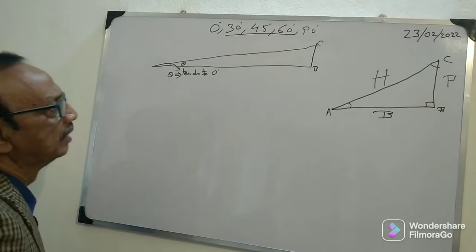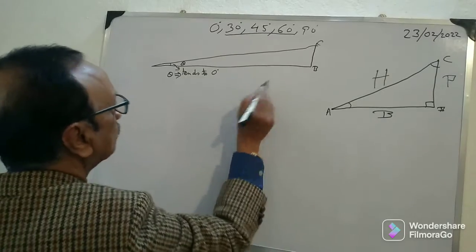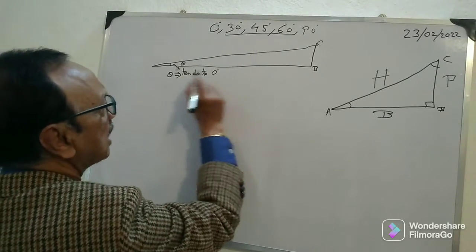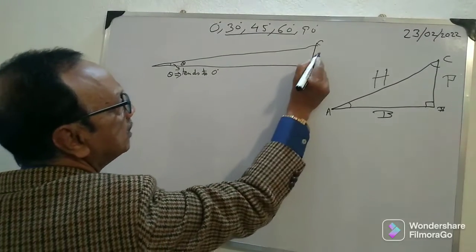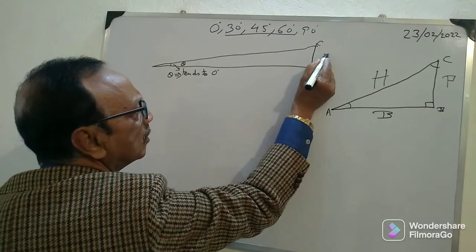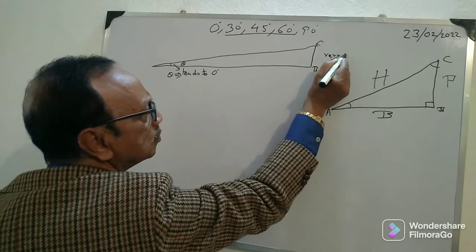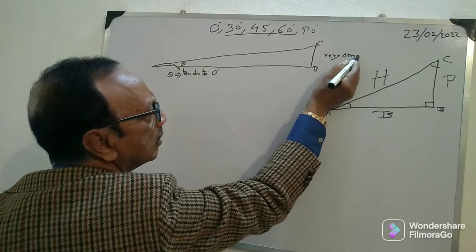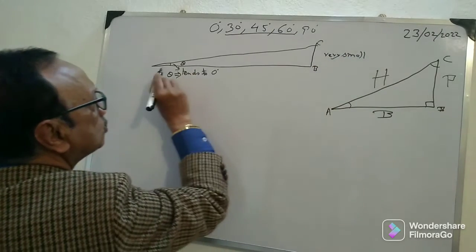And as theta tends to 0 degrees, when you are far away, suppose 15 kilometers or 20 kilometers away, this height will be very, very small, in comparison to the base.